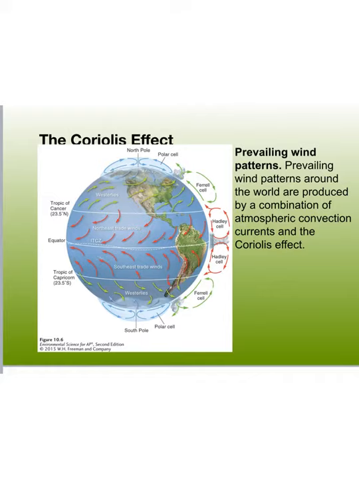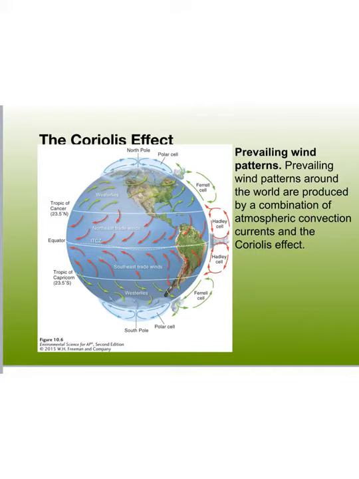As a result, the prevailing winds above 30 degrees north are coming from the southwest, while in the southern hemisphere, the prevailing winds above 30 degrees are coming from the northwest. In both cases, those winds are what we call the westerlies.